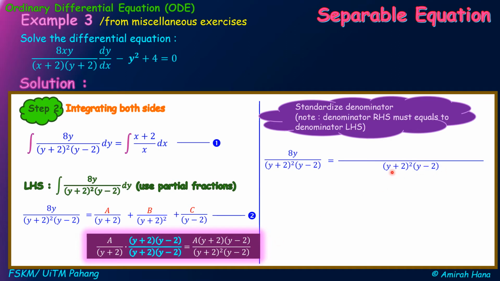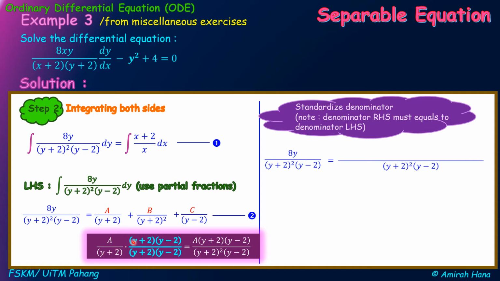Okay, from here. And when we multiply the denominator with y plus 2 times y minus 2, we should multiply the numerator with the same factor. Okay, so that if numerator and denominator are exactly the same, we can simplify, so it is actually equal to 1. So it doesn't change the original value or the original function. Okay.